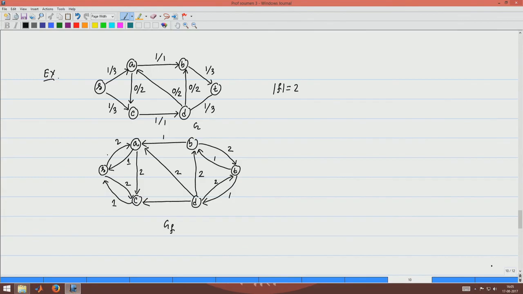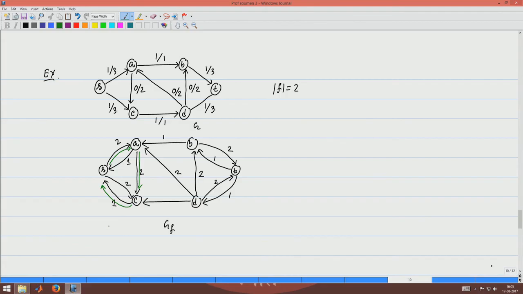So, start from S, you can go to A using this forward edge, and then from A you can at most go to C using this forward edge, and from C you can go to S again using this backward edge.